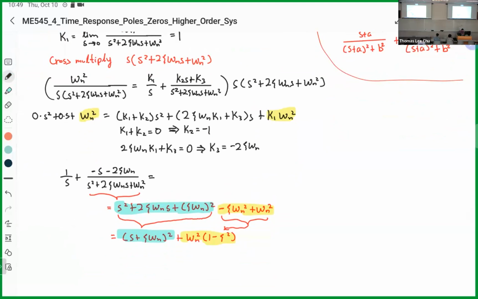Okay, so now that we have the bottom here. Yeah, that's actually my bad. It should be a square right here too. There you go. Perfect.